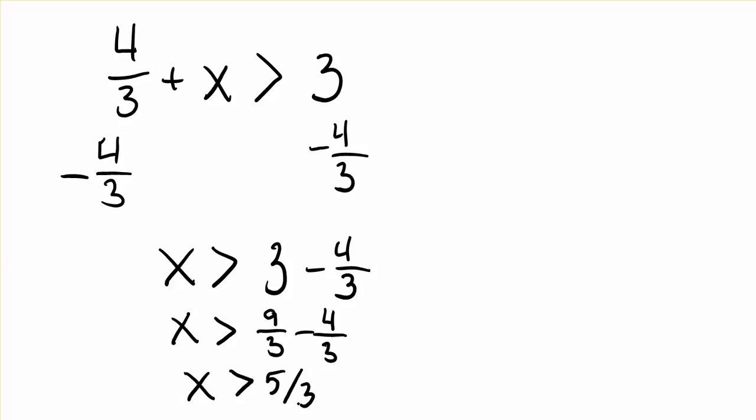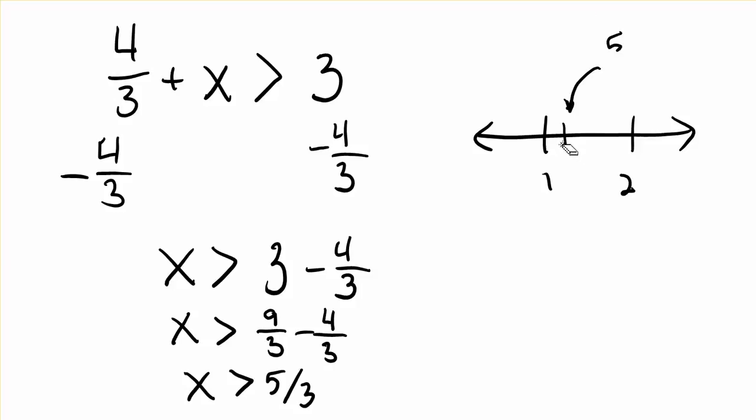and so x is going to be greater than 5/3. Now 5/3 is more than 1 but less than 2, and if we were to represent these solutions on a number line, we might have a 1 here, a 2 here, and this would be 5/3. Actually, 5/3 is closer to 2 than it is to 1, so 5/3 would be here. This one, by the way, would be 4/3.